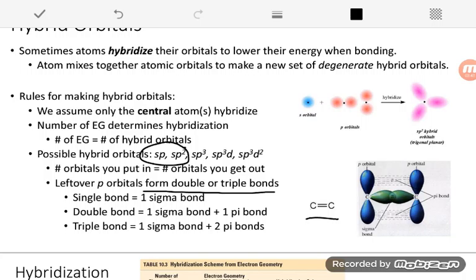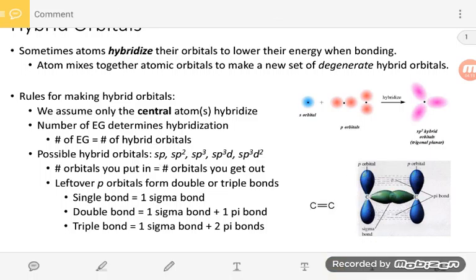The first bond comes from our 2 hybrid orbitals directly overlapping and forming a nice bond. The second bond forms from the fact that we have these leftover p orbitals sitting here, and these p orbitals are so close that their electrons are allowed to jump back and forth. So top and bottom, that together forms my second bond, and we call that a pi bond. It looks kind of like the symbol pi if you just look at the top of it.